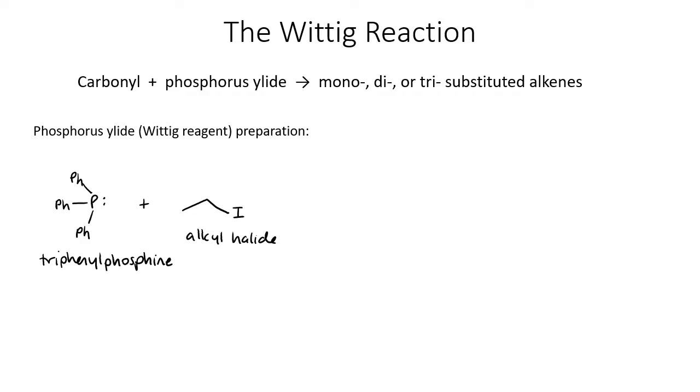And this is going to be a standard SN2 mechanism. So the lone pair on the phosphorus will go and attack the carbon containing our good leaving group and kick off our iodide ion as our leaving group. So since this is an SN2 mechanism, we are limited to using methyl, primary, or possibly secondary alkyl halides.